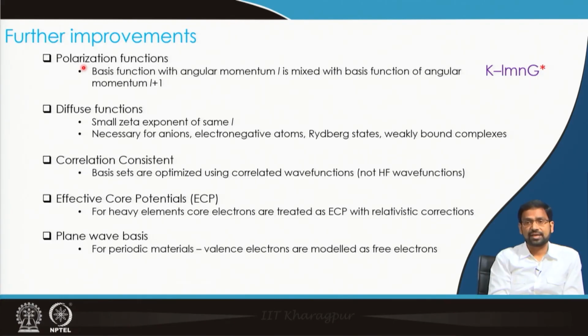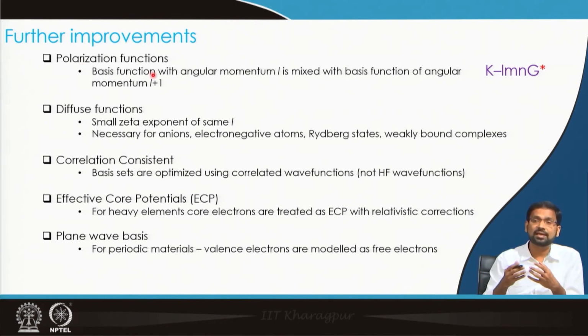In some specific cases, for example a very electronegative atom or an anion, where the electron is expected to be found far from the nucleus, really diffused away from the nucleus, we require some special attention. In those cases, what we require is not a function with higher orbital angular momentum, not a polarization function.